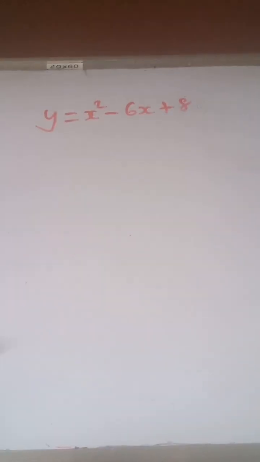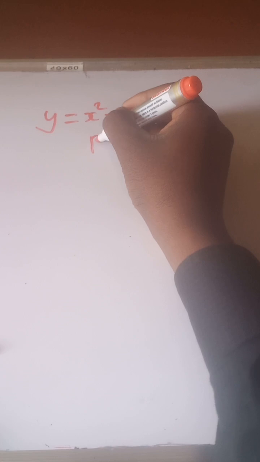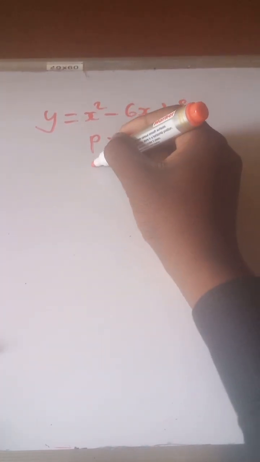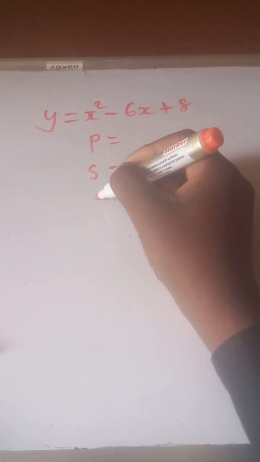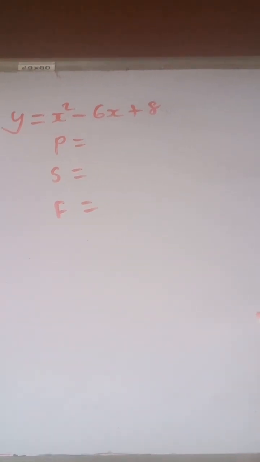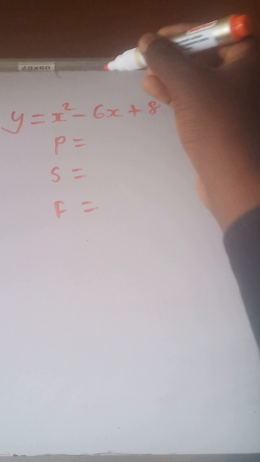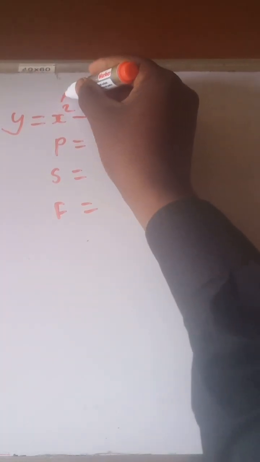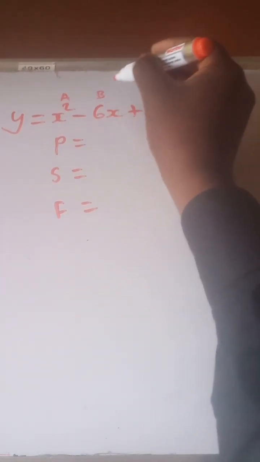If you have been given a question like this, you use what we call product, sum, factors. So how do you find the product? You name this one as A, this one B, this one C. You multiply A times C. That's how you get the product.